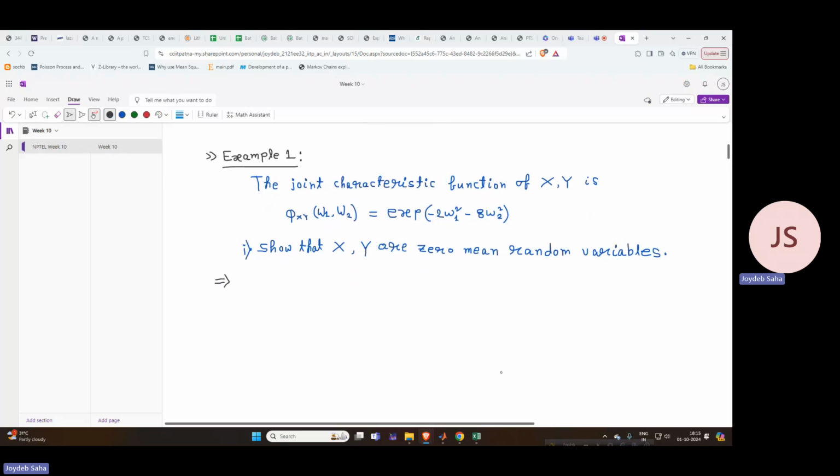Let us start solving this question. If we calculate the first order moment and notice that it is 0, then it is a 0 mean random variable. If not 0, then it is a non-zero mean random variable.